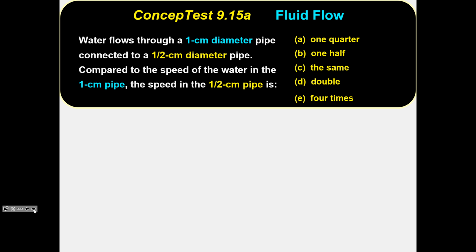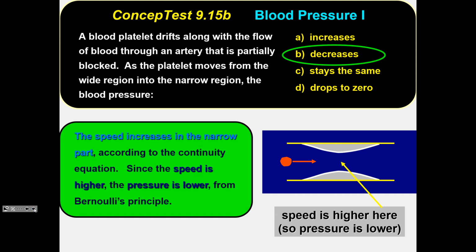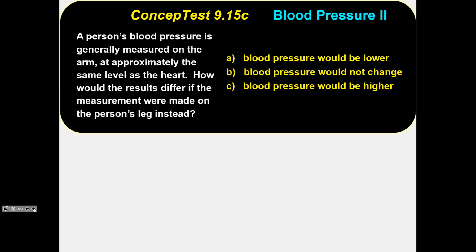Okay, these are some flow problems. We talked about this in class, that the pressure actually decreases. The blood pressure matters where you measure it. You would measure on the arm, but if you measure your blood pressure on your ankle, you'll actually get a higher blood pressure because you have all this fluid in your body sitting on top of your ankle, and so it adds that additional pressure because it's lower.